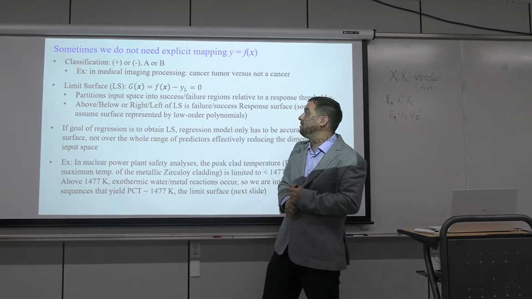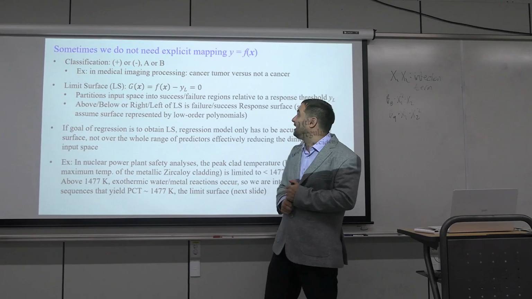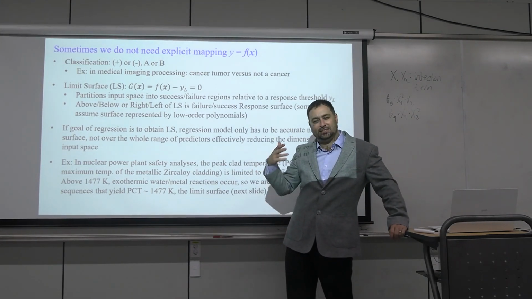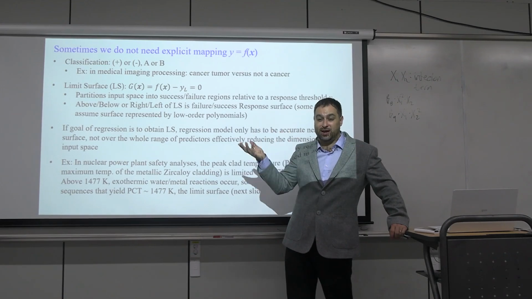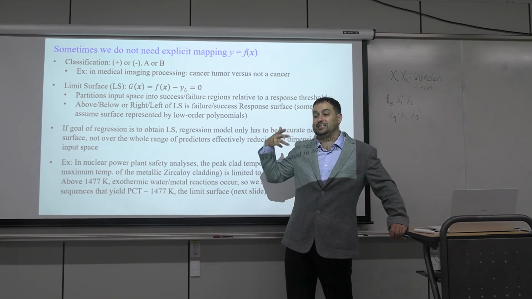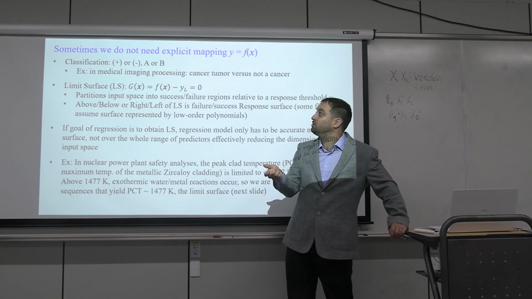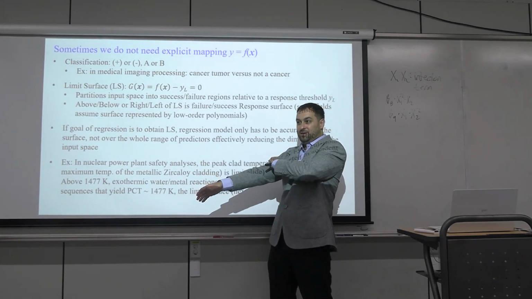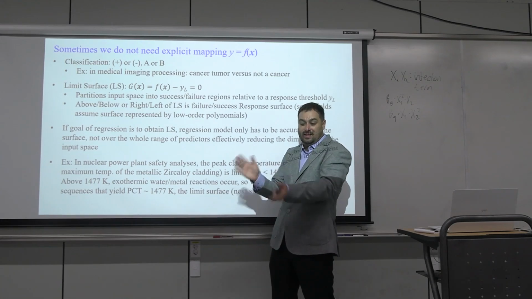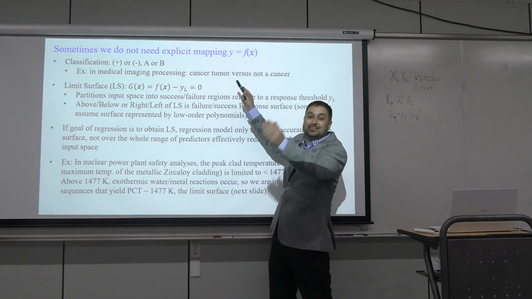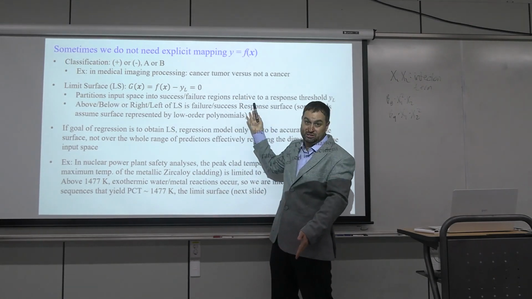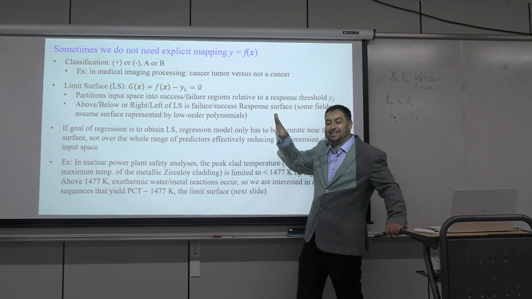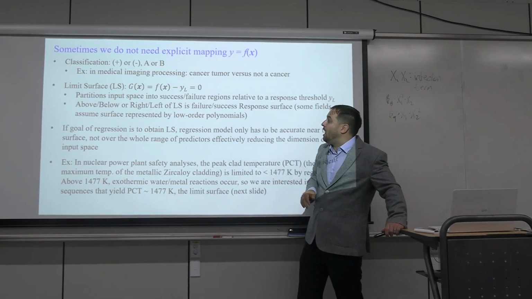For example, in medical imaging processing, there are MRIs, CAT scans, all these different medical x-rays, medical imaging technology. Let's say you're looking for cancer tumors. In the medical image, you can see there's some sort of mass on the image. You want to know, is that a cancer tumor? Is it not a cancer tumor? That's an example of classification.